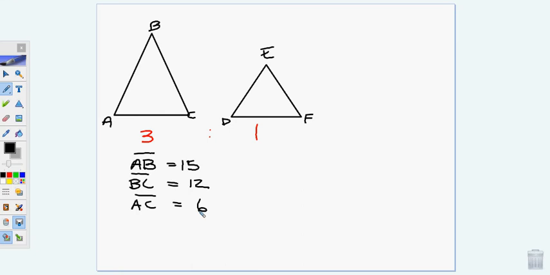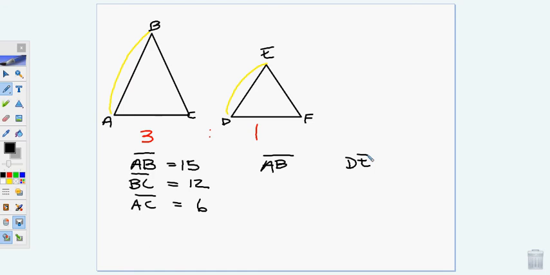So I'm going to compare the length of this side here to the length of this side here, because those are the sides that match. And so from that, I know that AB, when it's compared to DE, will create some kind of proportion.